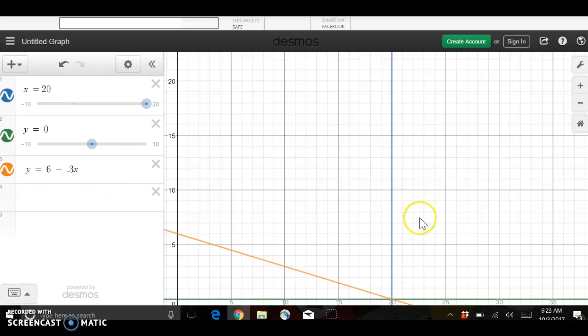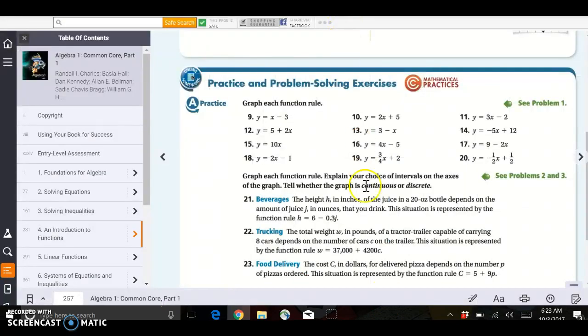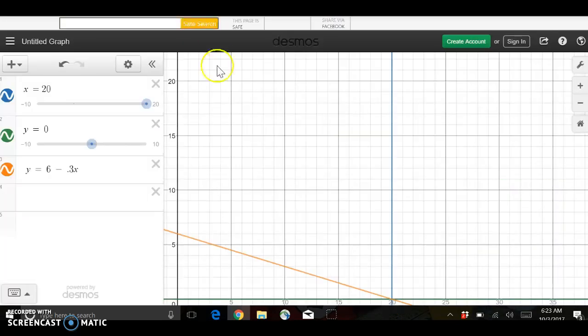Okay, here it is there. So it's down here. And so remember, there's a border here, there's a border here, and there's a border here. So I can't go any further than this 20 as the amount of juice in the bottle, and this is the inches.